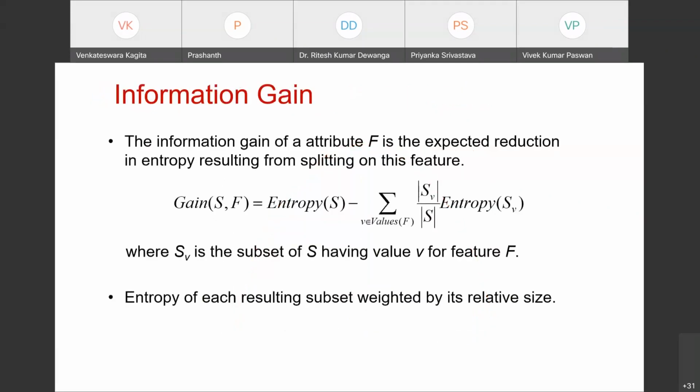Now I'm introducing another term, information gain. Please be a little careful here, because if you don't understand this, you won't understand the intuition behind it. The information gain of an attribute F is the expected reduction in entropy resulting from splitting on that feature.